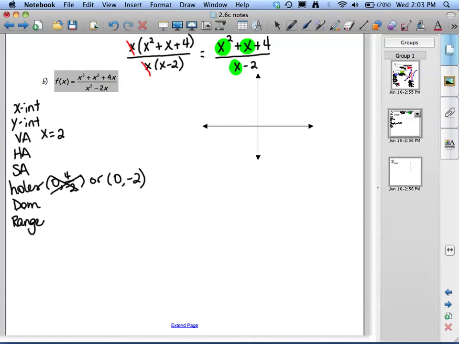Okay, horizontal. We have to look at the degrees. What's the degree of the numerator? What's the degree of the denominator? 2. So there are no horizontal asymptotes, but there is a slant asymptote.